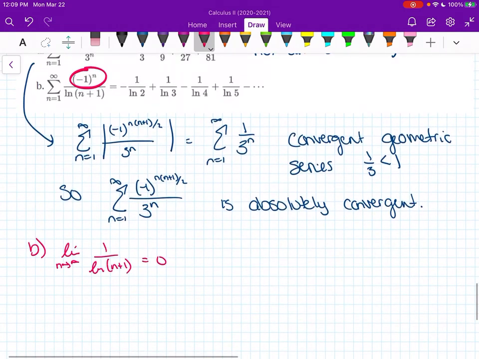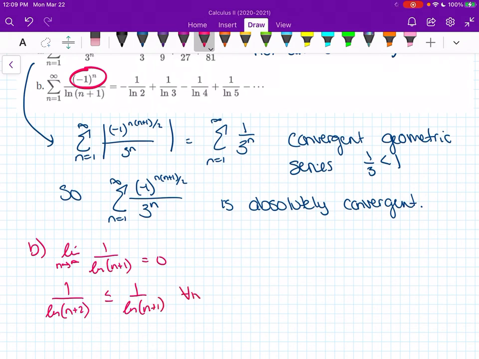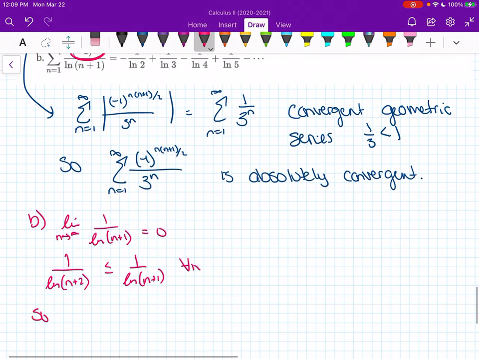And if we also look at 1 over the natural log of n plus 2, which is my a sub n plus 1 term, that is less than or equal to 1 over the natural log of n plus 1 for all n. So I know my series converges by the alternating series test.